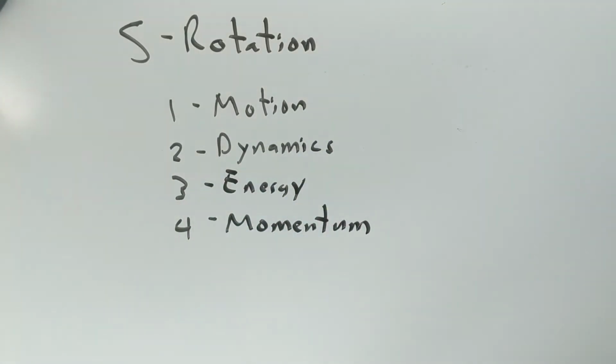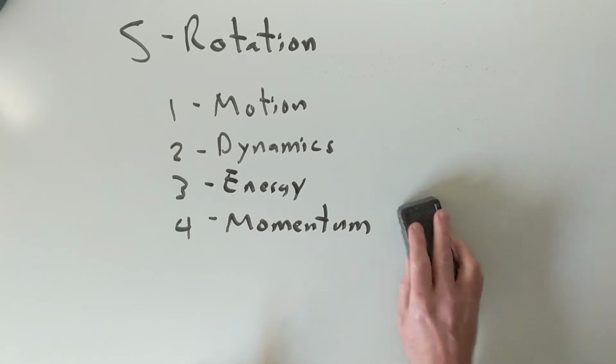Those are the four big parts in this unit, and they mirror the first four units of AP Physics as well. So the fifth unit, if you know rotation, you're going to probably know everything that comes before it. So let's take a look at motion.